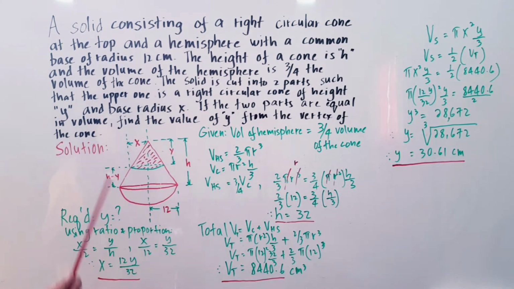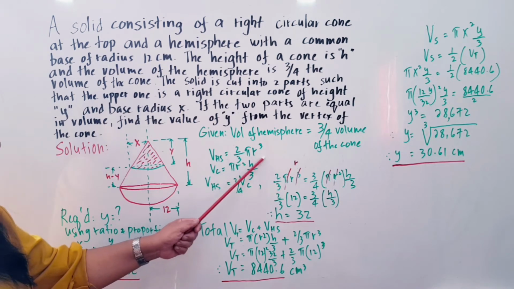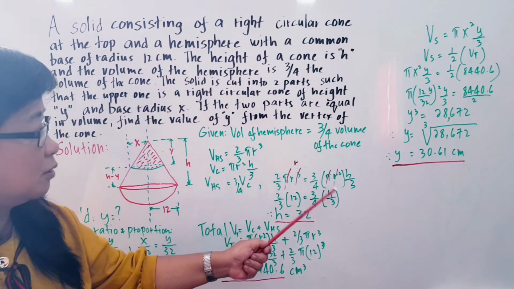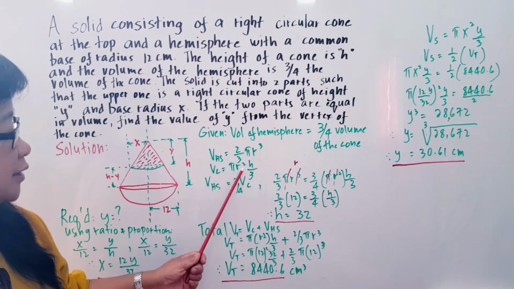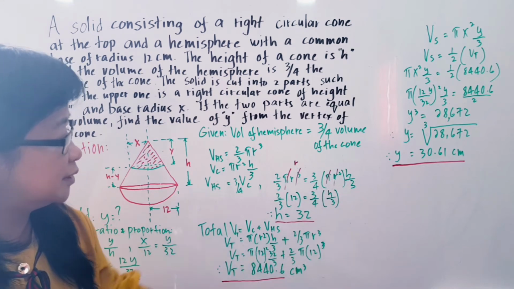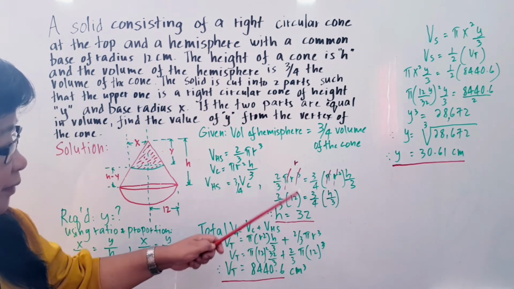Ngayon, pwede natin i-equate kasi ang volume ng hemisphere, which is equal to 2/3 pi r cubed, is equal to 3/4 of the volume of the cone, which is pi r squared h over 3. So, 3/4 pi r squared h over 3.